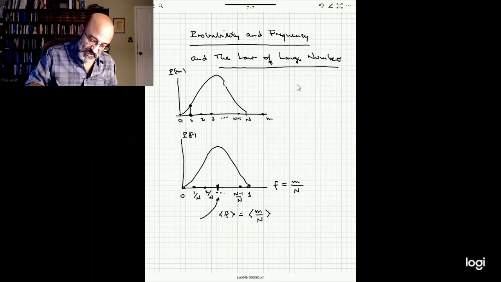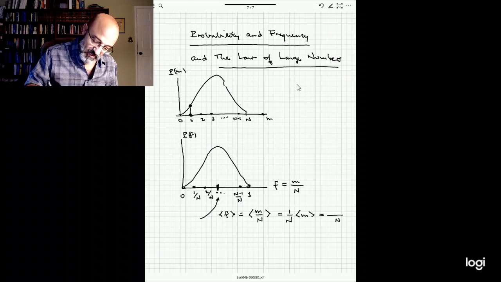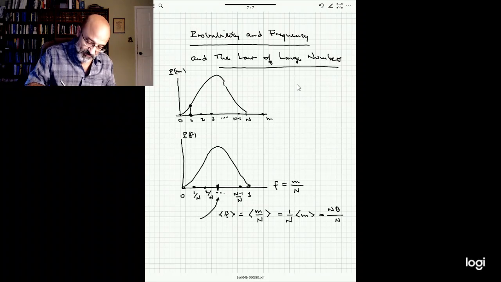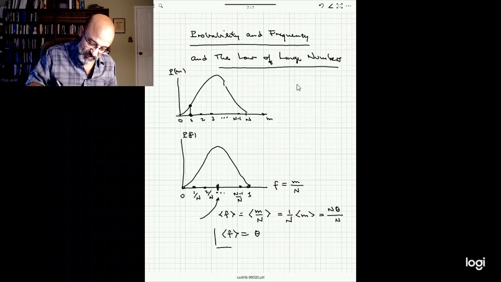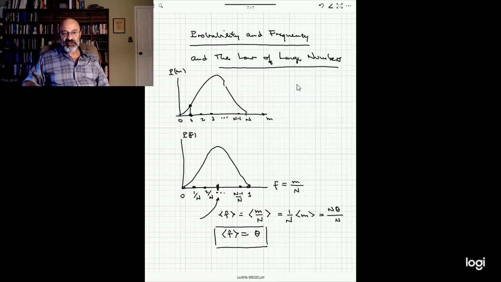This capital N is just a constant, so I can pull it out of the calculation of expected value. The expected value of m is n theta, and we have this very interesting result that the expected value of the frequency is the probability of success in a single trial.